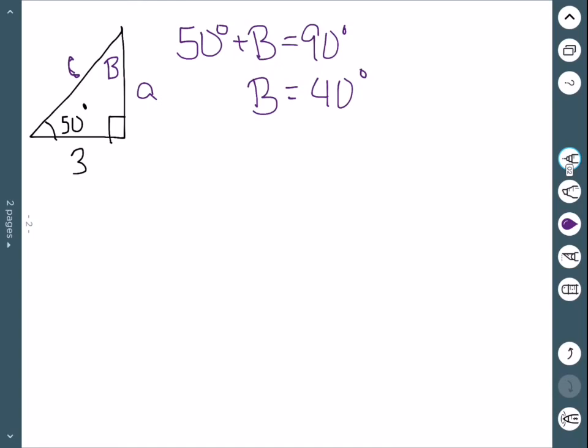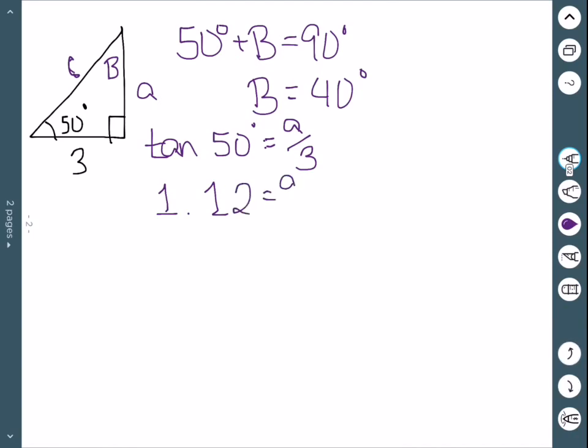Essentially, I'm going to look at the fact that tangent of 50 degrees is equal to opposite over adjacent. And now we can work this out to figure out what we need for our missing side A. We can see that tangent of 50 degrees is approximately 1.12, equal to a over 3.